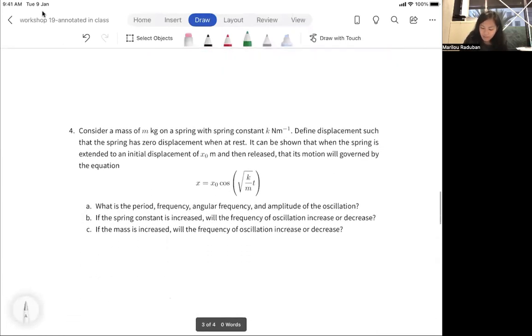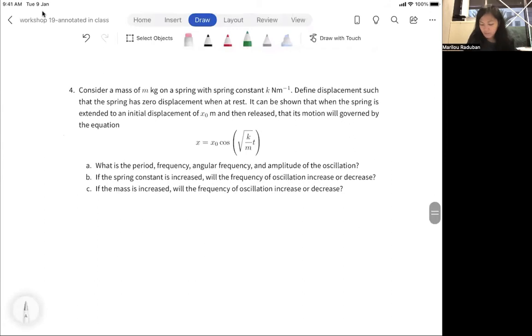All right. And then for question number 4, you have here x is equal to x naught cosine of the square root of k over m times t. So it's again the same thing. So for question A, what is the period, frequency, angular frequency, and amplitude of the oscillation? It's a cosine function.